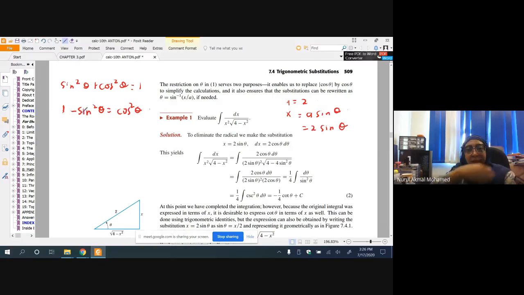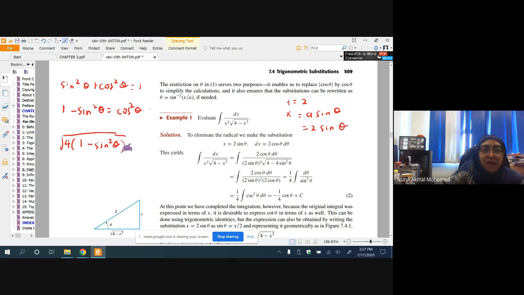If you have 4 minus 4 sine squared theta, it means that you can factorize the 4. So square root of 4 multiplied by 1 minus sine squared theta.